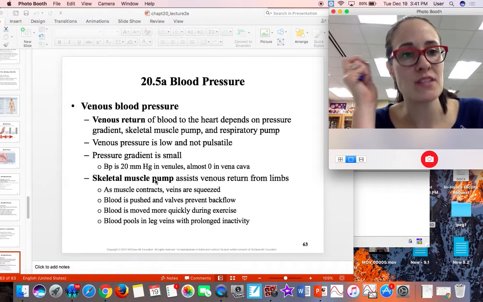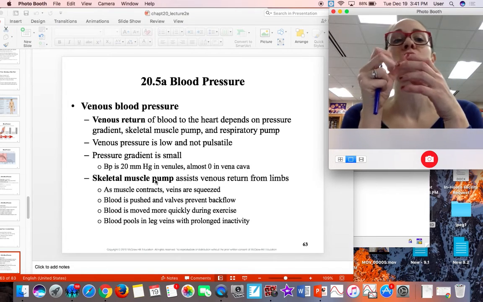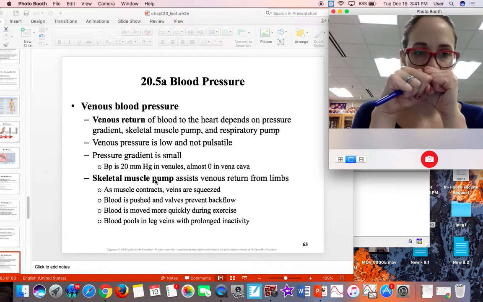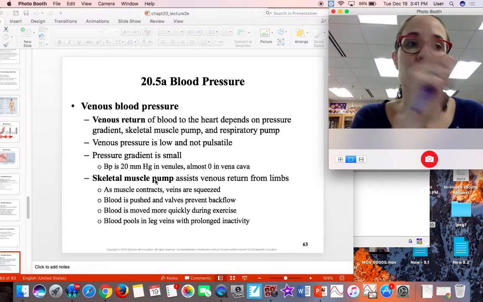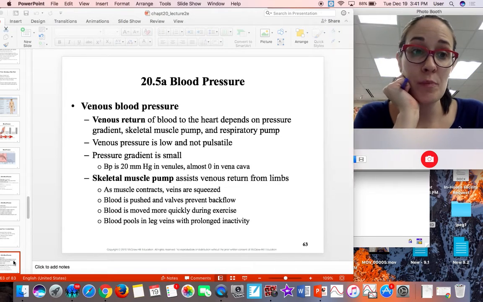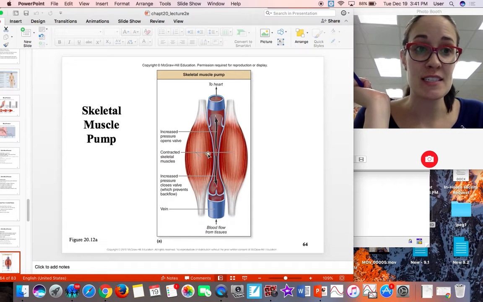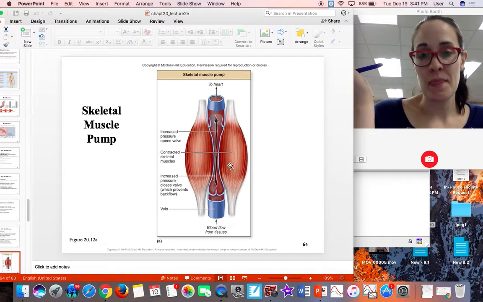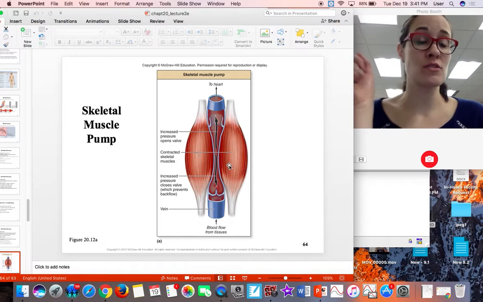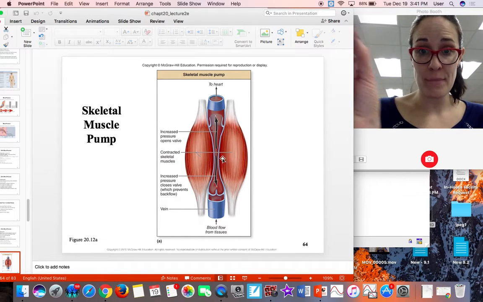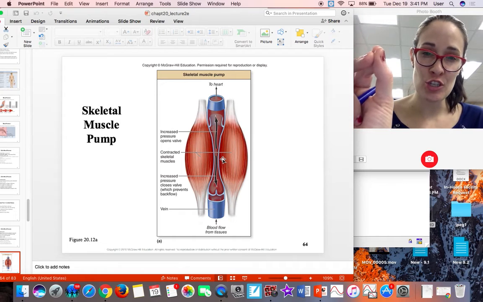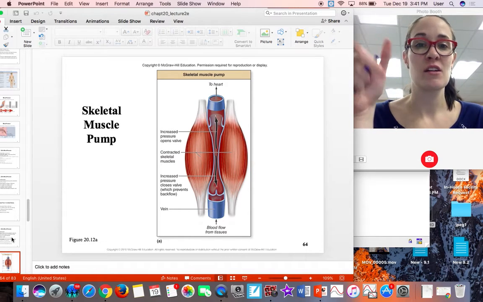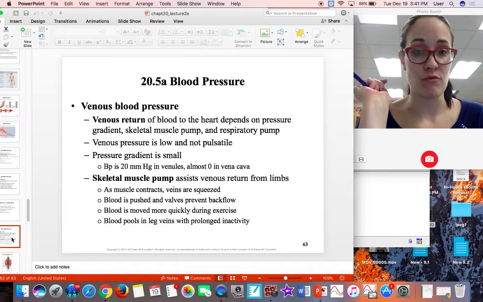The skeletal muscle pump: we've talked about skeletal muscles, how they contract and they squeeze. Veins are actually purposely situated between muscles, like this vein. When your muscles contract here, it's going to squeeze on the vein, causing blood to move.